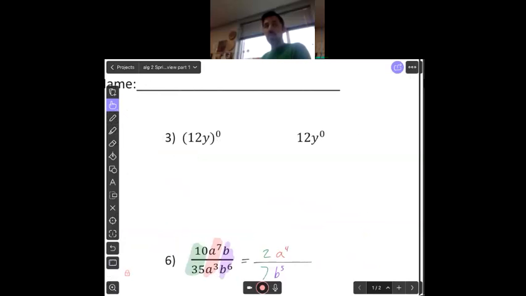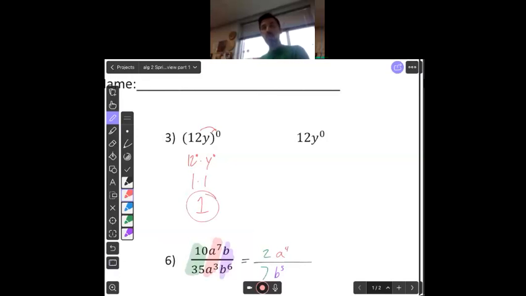So on 3 there, I was just trying to point out the difference. A very common misconception about what 0 does and when. Anything to the 0 power is? 1. Okay. So when we see the 12 and the y both having the 0 on them in that first part, think about what you just said, Mason, that essentially distributes. You get 12 to the 0 times y to the 0, which would just be 1 times 1, which of course is just 1.